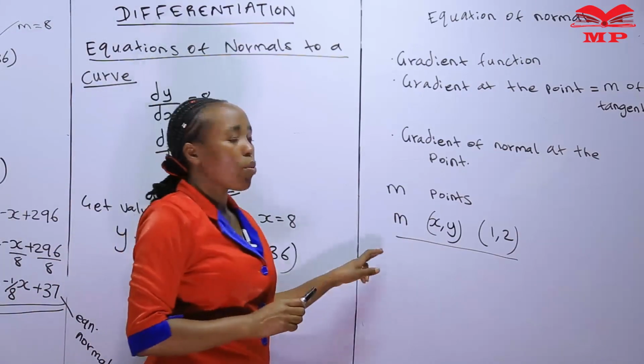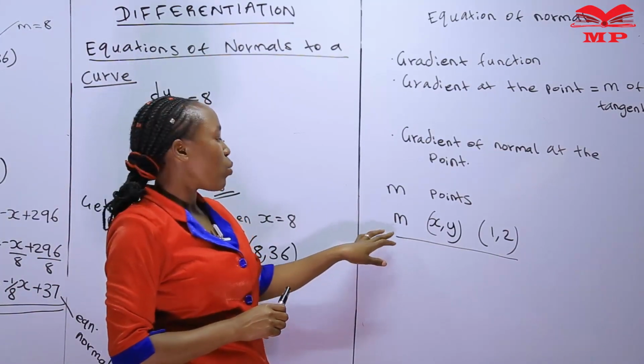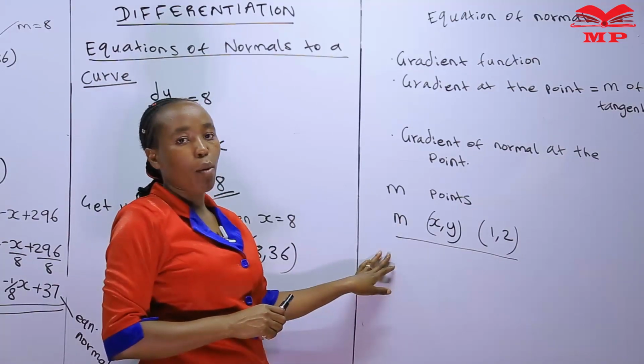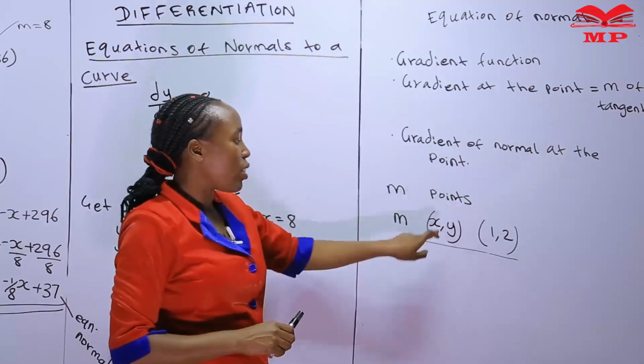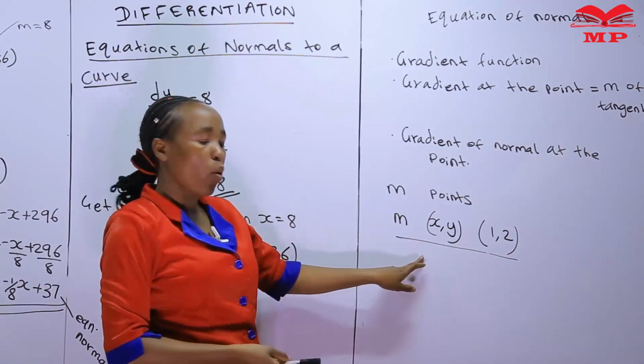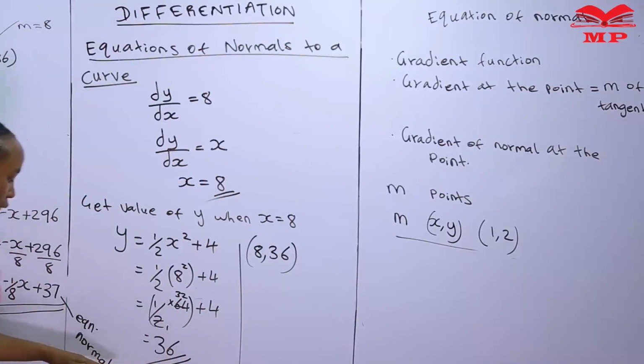So ensure when you are calculating the equation of a normal, that you have the gradient of the normal. You also have a point and an imaginary point.